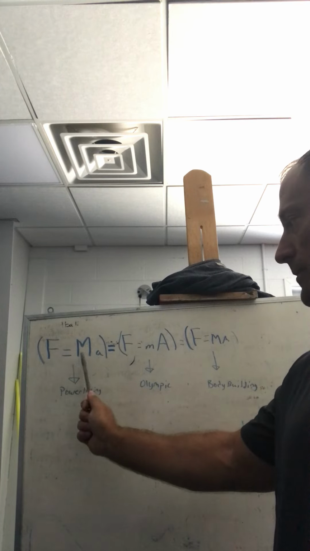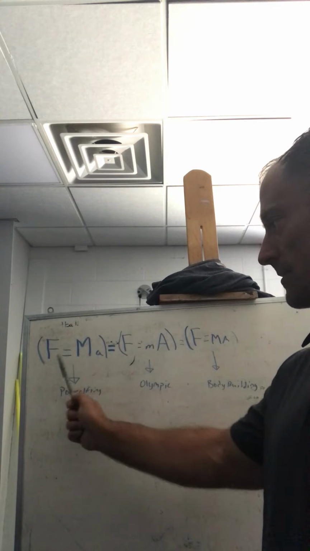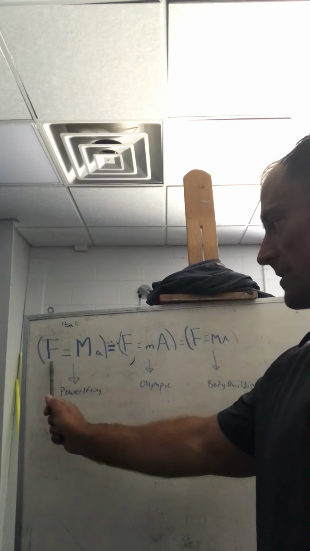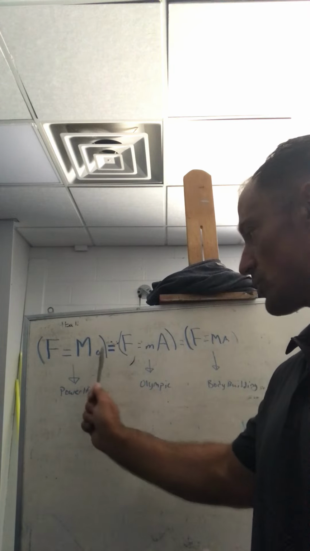What happens if we flip the M and the A? So let's say this is 135 pounds at 1 meter a second. I'm not worried about the units right now, but just for simple mathematics, the force is 135 times 1. What if we switch the M and the A?